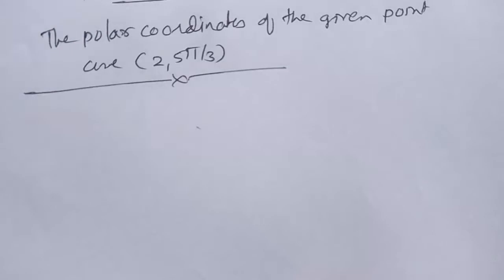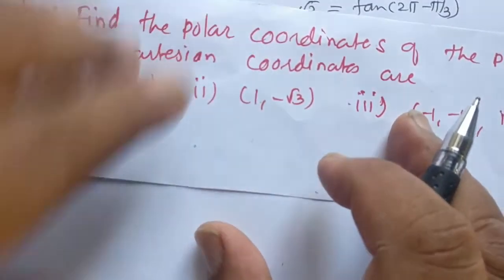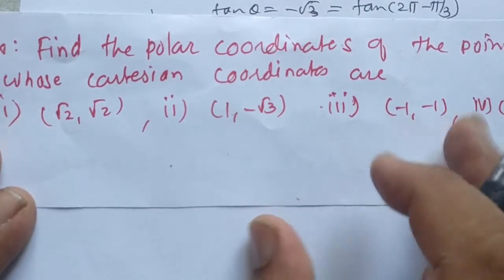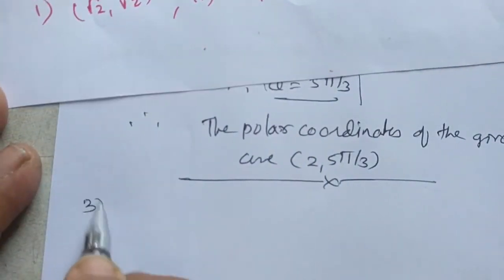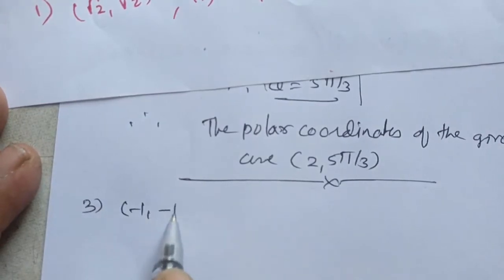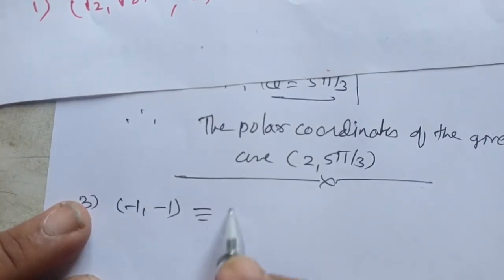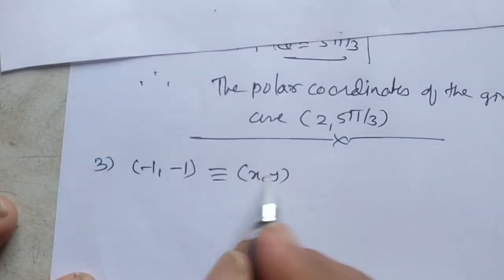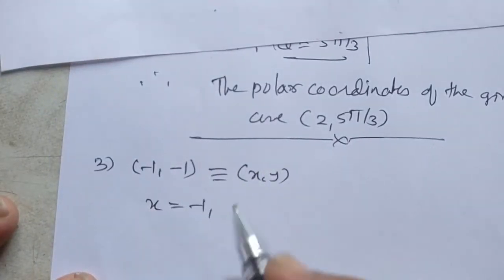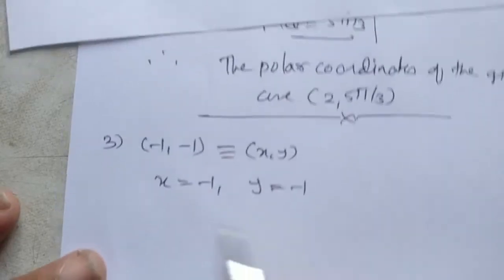Now, third example, minus 1, minus 1. Comparing with x, y, the Cartesian coordinate of the point x, y: x is equal to minus 1, y is equal to minus 1.